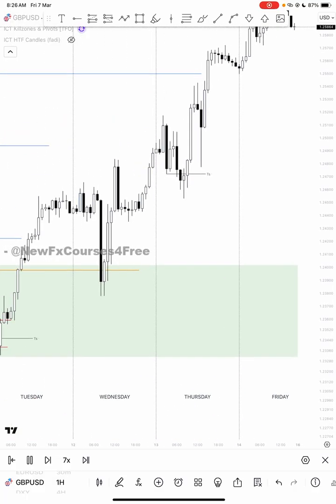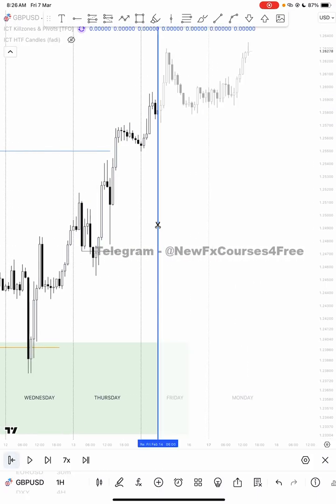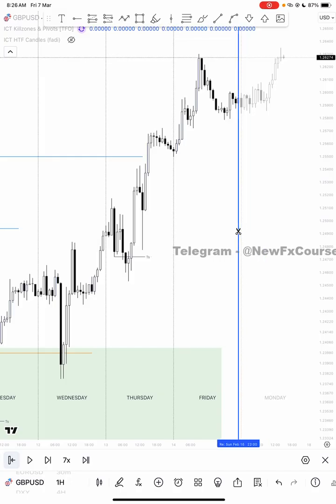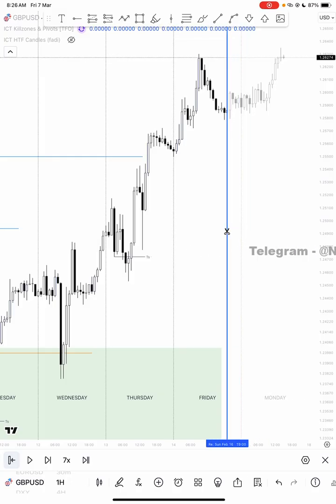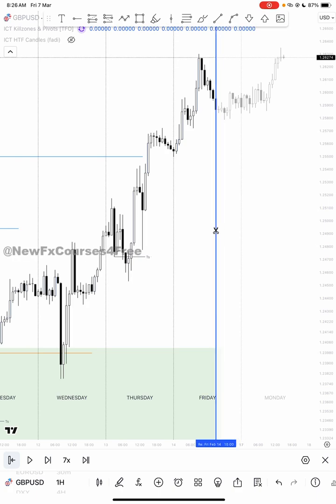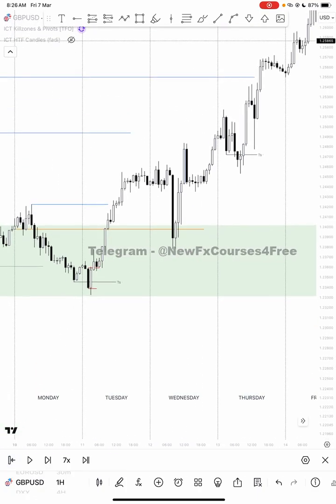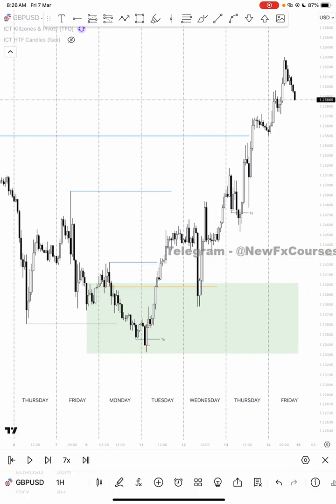So let me just outline the weekly open, high, low, close. So the weekly candle actually closes on Friday. So here, you got your open on Monday.